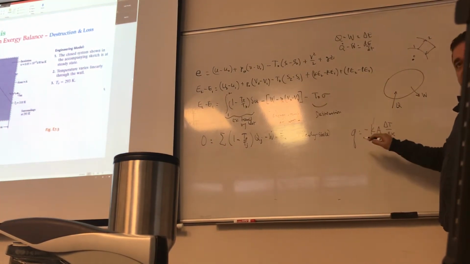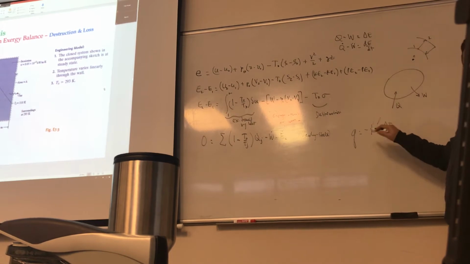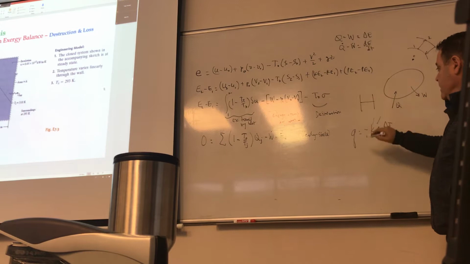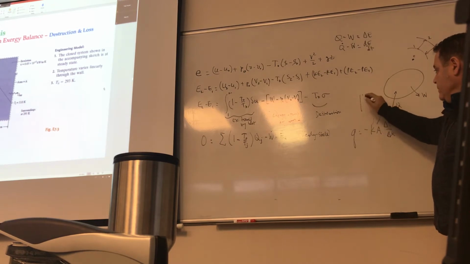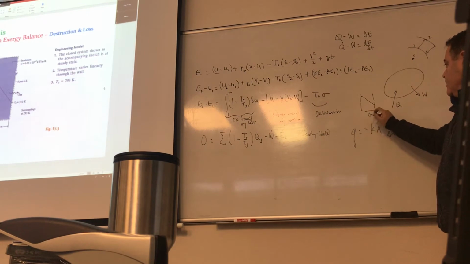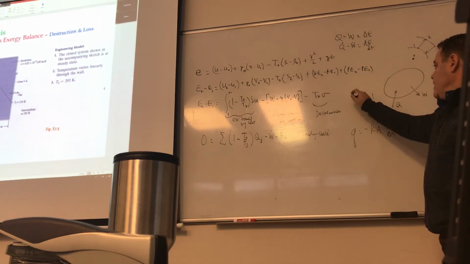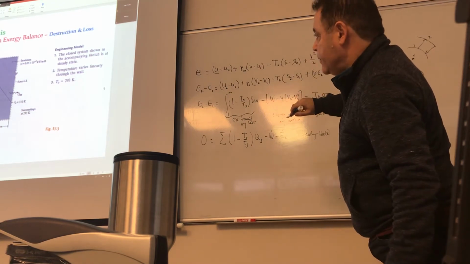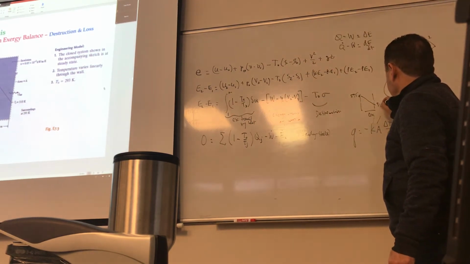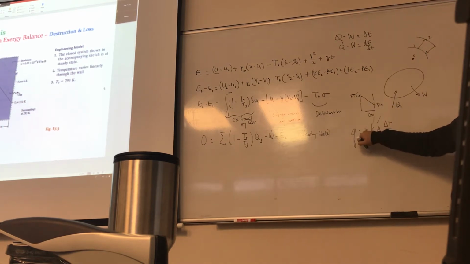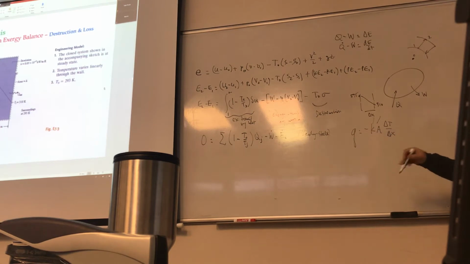K is the thermal conductivity, A is the area, and this is the change in temperature, right? Because the temperature is coming in like this, and delta X is here, okay? The temperature here is 575, I think, and 310. So the slope of this line, is that positive or negative? Negative, that's why we have a negative sign in front of it to make it positive, okay?